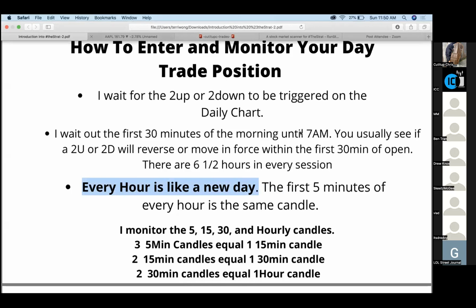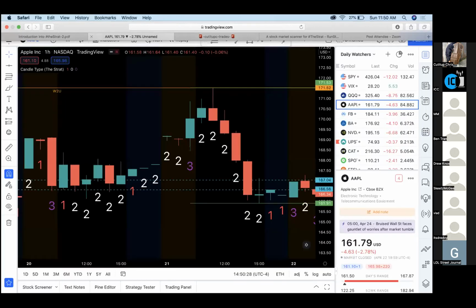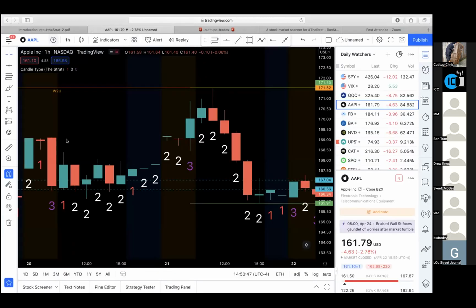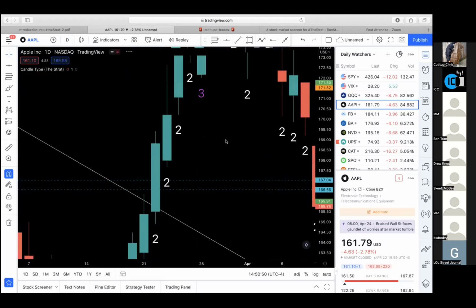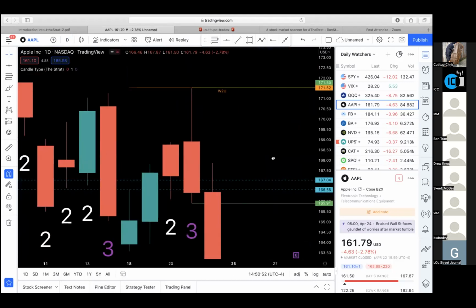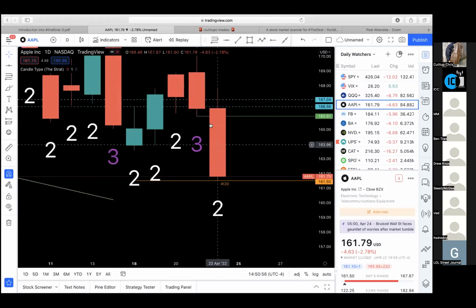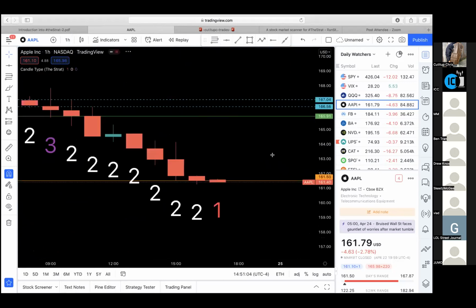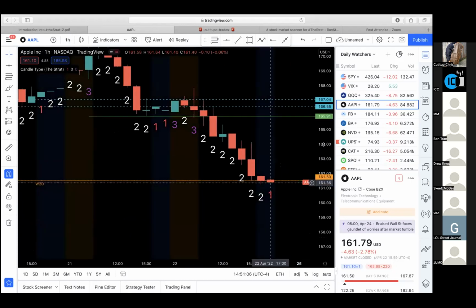So just like I'm saying, I'm not taking trades unless the 2 down or 2 up is triggered on the daily chart candle. And I'm also monitoring every single hour of the day within that candle sequence on the daily time frame. So right here, once it triggered the 2 down, I go to the hourly and I'm monitoring these hours.